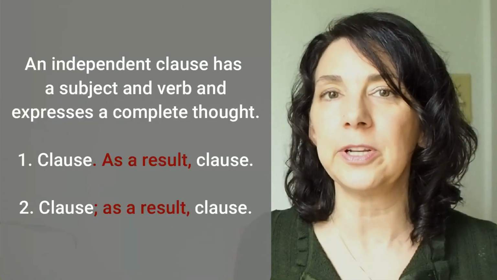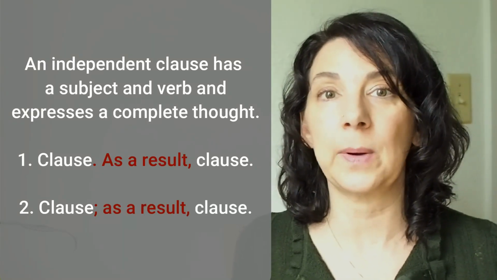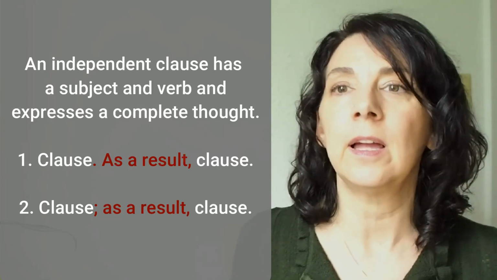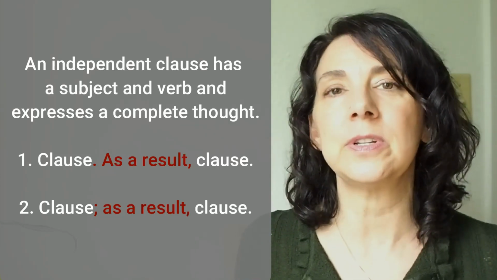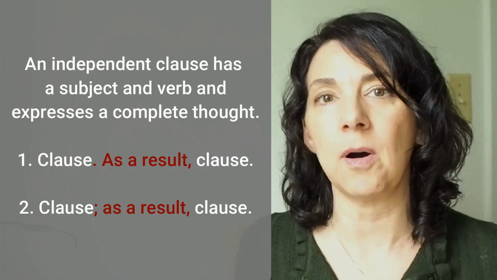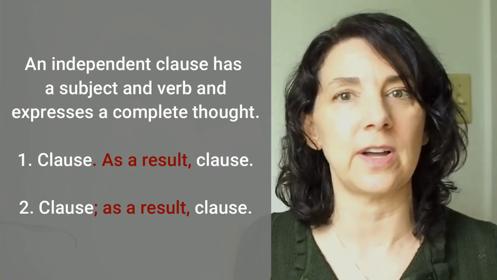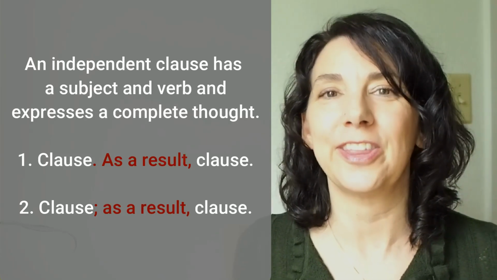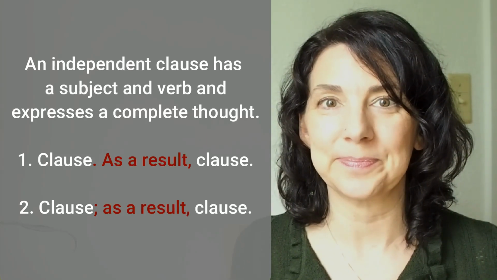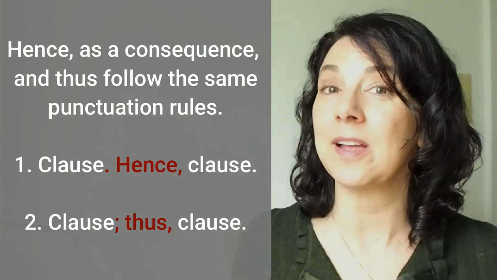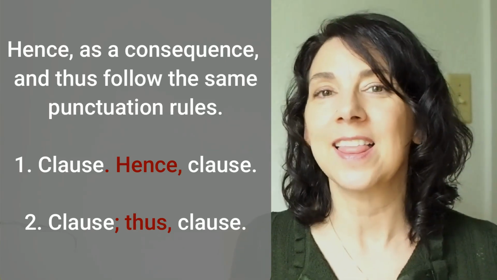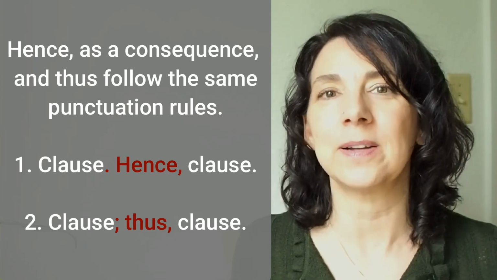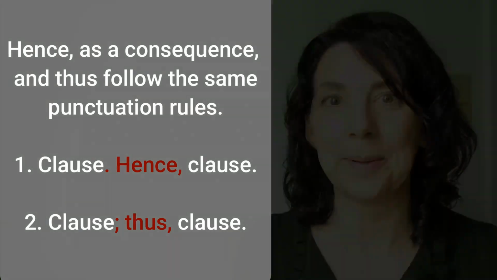So you can use a period and then consequently, as a result, therefore, for this reason, comma. Or you can use a semicolon with a small letter, not a capital letter because you're not starting a new sentence. As a result, consequently, therefore, for this reason. If you would like to use one of the other ones I mentioned before, thus, as a consequence, or hence, they also are punctuated in exactly the same way.